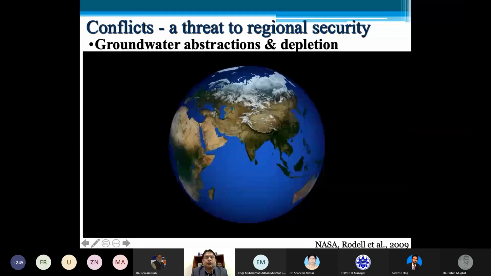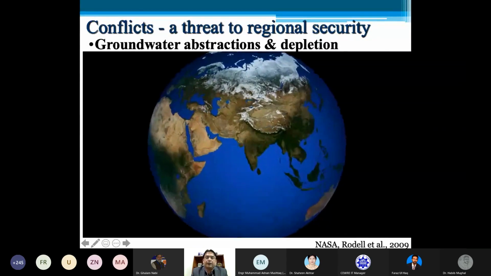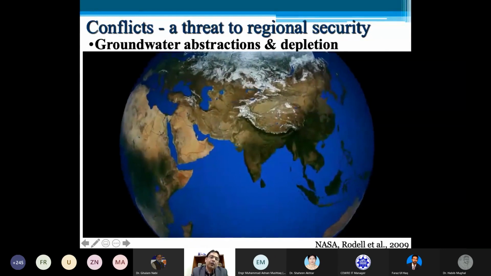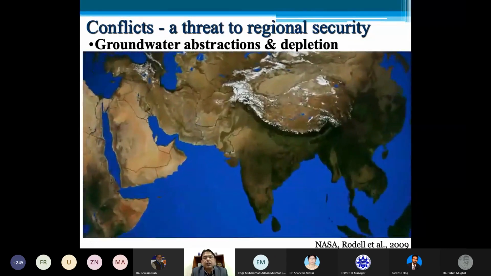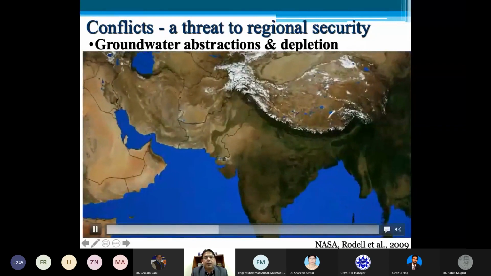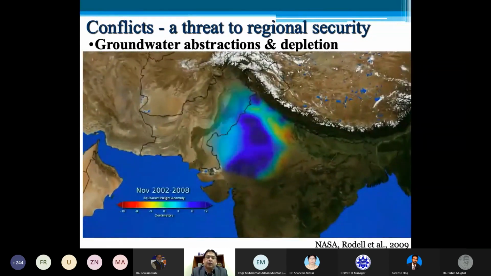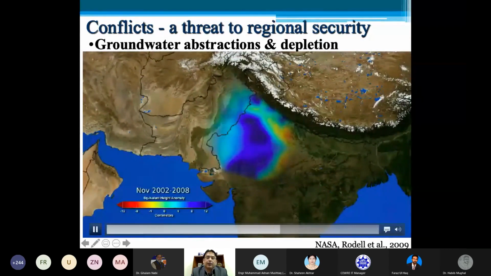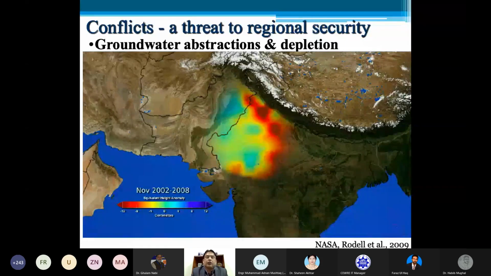This is also a very famous movie developed by NASA, based on Rodell et al.'s findings about groundwater abstraction and depletion in this part of India and Pakistan. It confirms that in the Indian states of Punjab and Haryana there is a lot of abstraction and depletion in the aquifer.